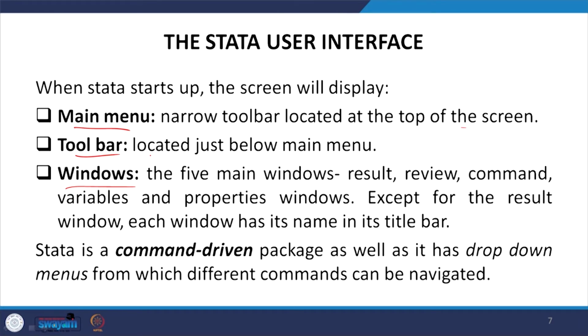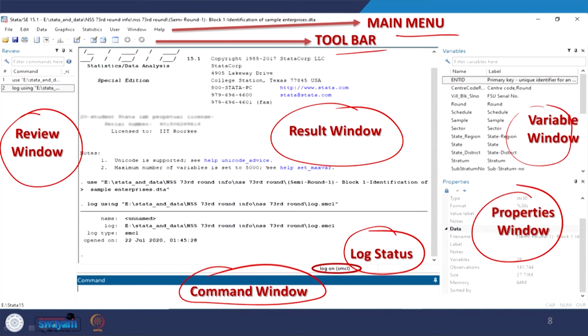Now, windows I have already shown to you, there are 5 main windows there, that is result, review, command, variables, properties window. So, broadly 5 windows are going to be very useful while operating with Stata. Okay. And except for the result window, each window has its name in its title bar. The result window, it is visible here, does not have a title bar, otherwise all others have their own title bar.